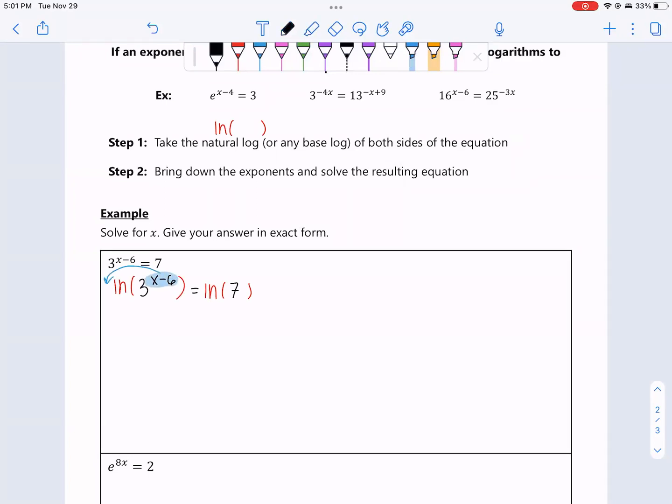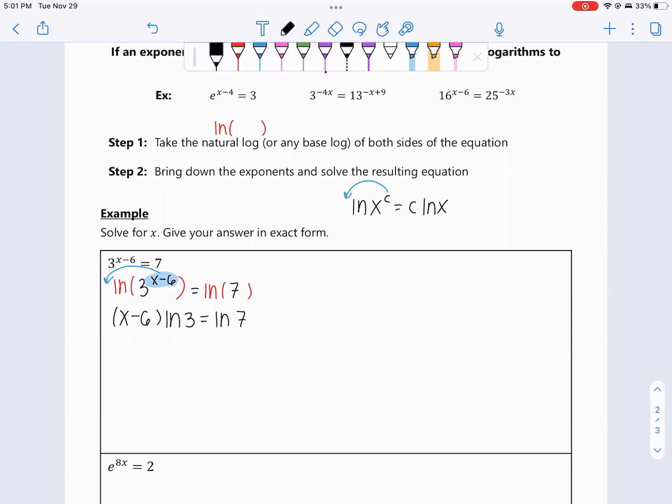Remember, one of our rules is that if you have ln of x to the c, this is the same thing as c ln x, i.e. the c can come down in front. If you have an exponent on the inside, it can come down in front. When this comes down in front, it is going to come down in front with parentheses. So (x minus 6) ln of 3 is equal to ln of 7.